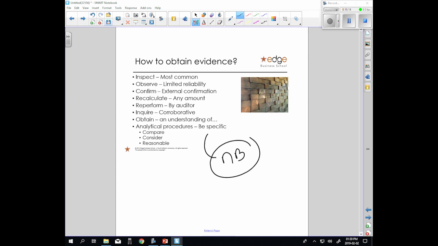Okay, 1,000 rand. Does your haircut cost 1,000 rand? No, you can have 10 haircuts. So that's a reasonability test. If you get a haircut and pay 5 grand, you're not going to pay it because it's not reasonable for you.